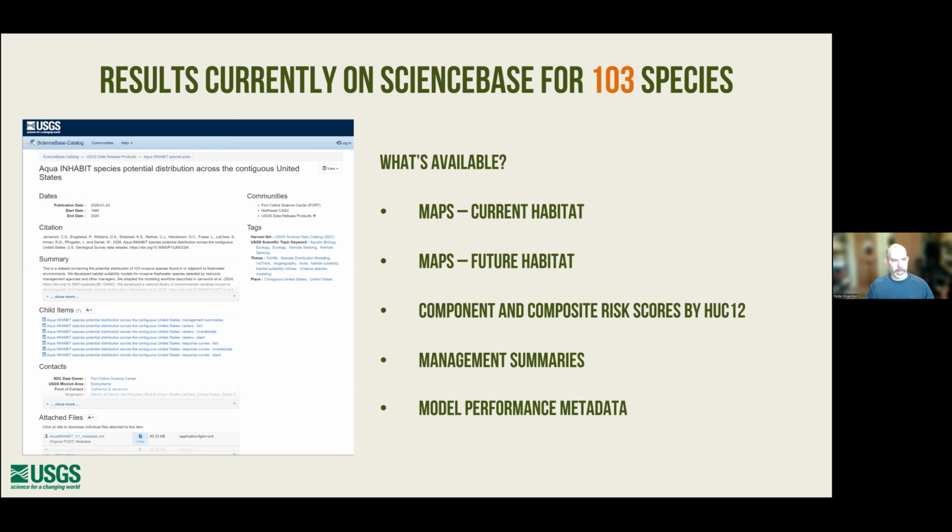Those are summaries of the current and future habitat for literally thousands of different management areas, everything from watersheds to counties to wildlife refuges to Army Corps boundaries. And then there is model performance metadata for those folks who are interested in what's going into these models in terms of the specific spatial environmental predictors that are influencing these predictions.